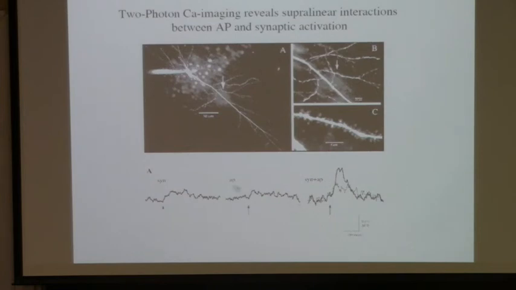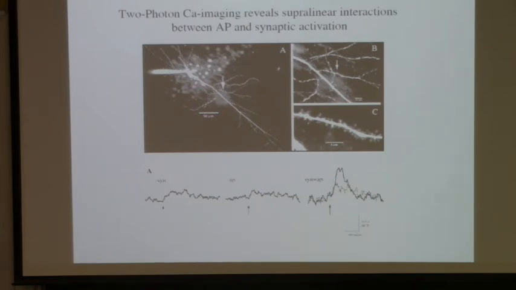You pair this and that, and you get a big change in calcium. And importantly, the change in calcium is larger than the linear summation of this and that. So you have a superlinear summation, an interaction in here. Somehow the action potential is increasing the calcium coming in much more than just adding it.